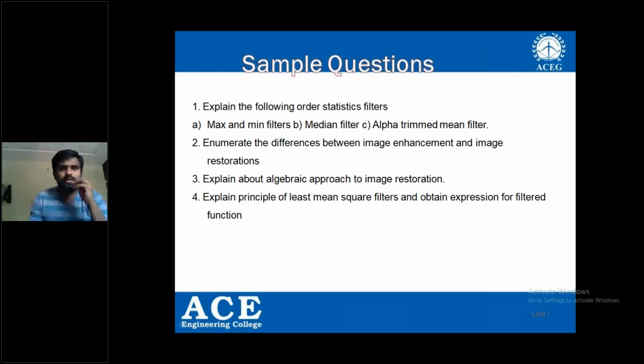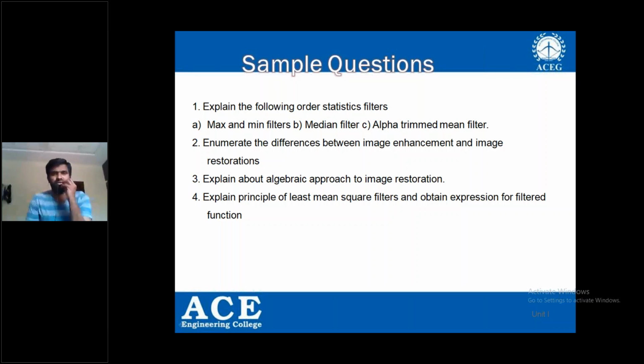So, sample questions taken from the previous question papers, and some of the questions will be like this: explain the following order statistics filters: maximum filter, median filter, alpha trimmed mean filter. All already discussed. Enumerate the difference between image enhancement and image restoration. That part was already discussed in the very first slide.